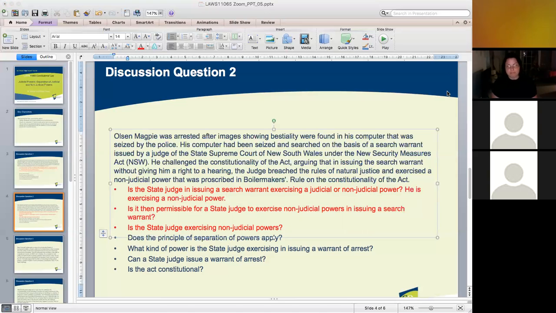Hilton and Wells, where the High Court determined that the issuance of warrants by judges of the federal court, albeit federal court, authorising the tapping and recording of phones related to a criminal investigation was non-judicial and valid as an exercise by the judges. So I would say that it is federal. However, that would be binding upon state courts, would it not?